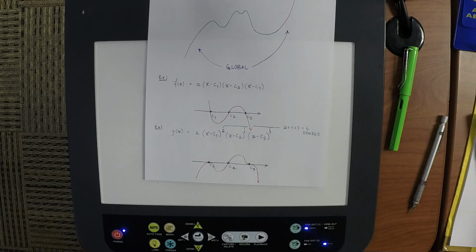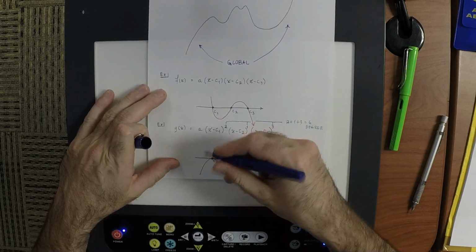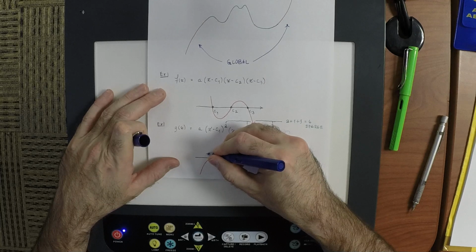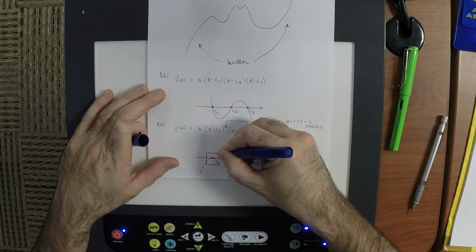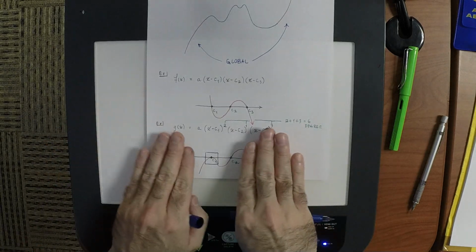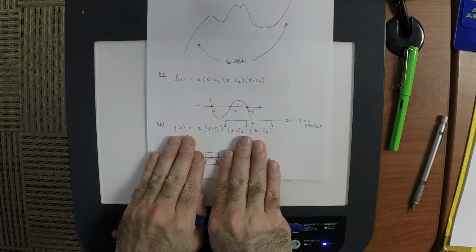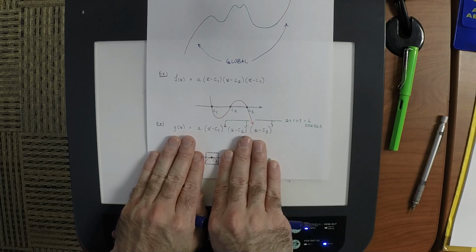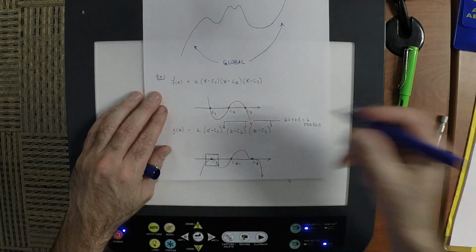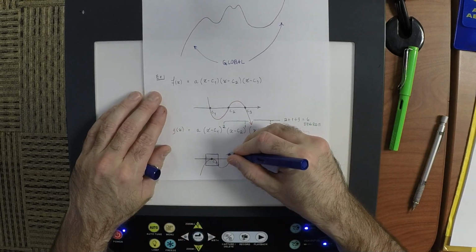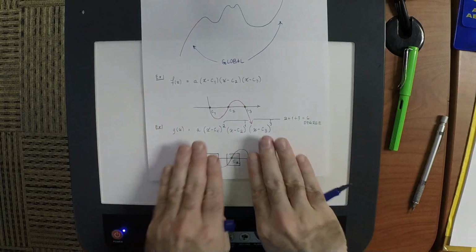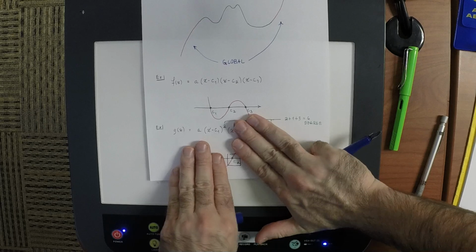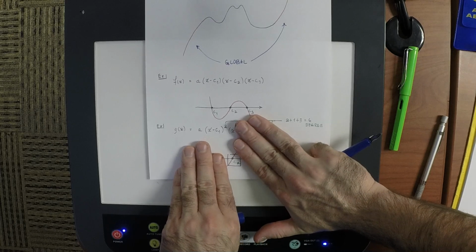So what I want you to observe is that if you were to cut out a little window around C1 and just look in that window, then just that bit looks kind of like a parabola. And if you were to cut out a little window around C2 and just look at that bit, then that looks like a line.